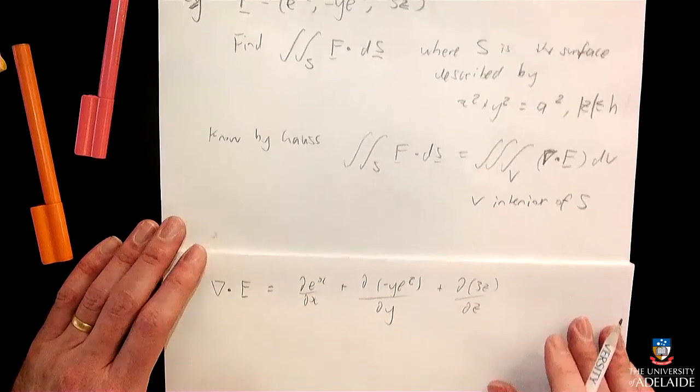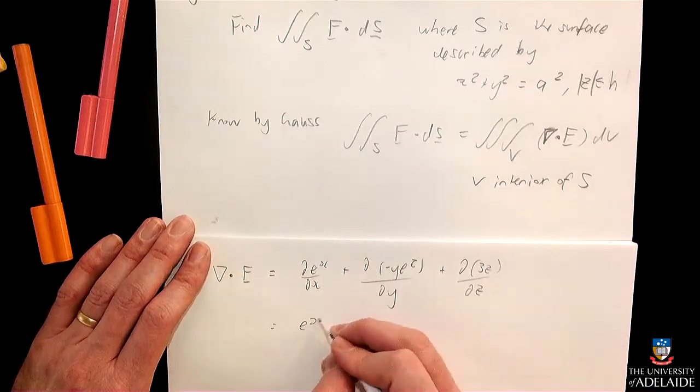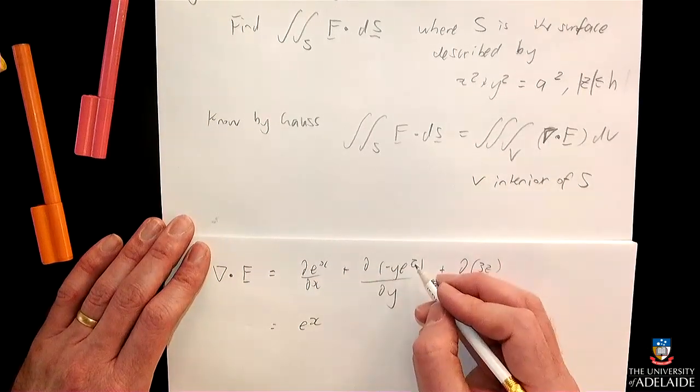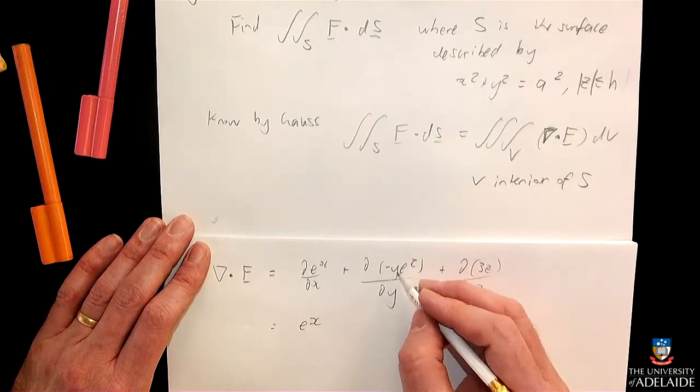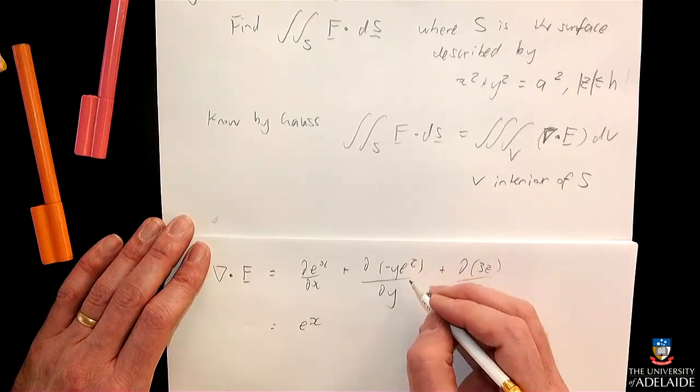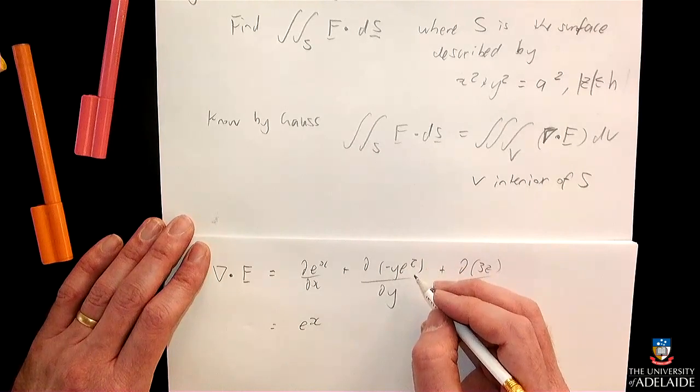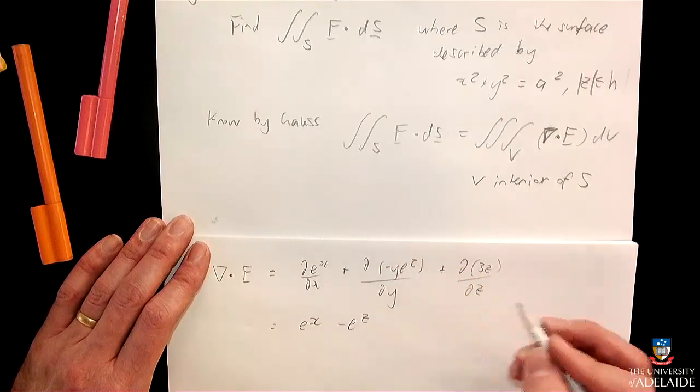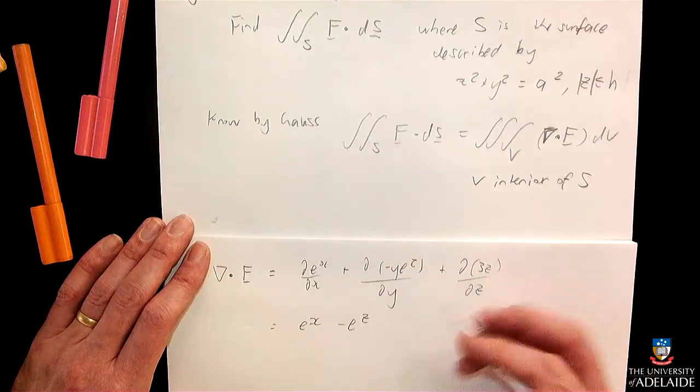That's the divergence. So we get e to the x. The z counts as a constant, so that'll still be there. And the derivative of minus y is just minus 1. And the derivative of 3z with respect to z is 3.